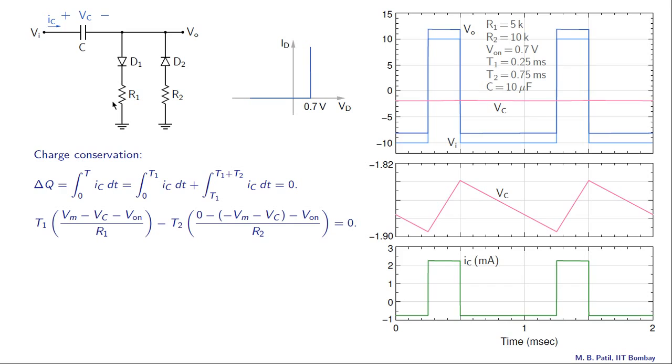That is our IC. That is because the charging path is like that, and that is a constant, nearly a constant, because Vc is nearly a constant. Now, so therefore the integral is simply that constant multiplied by T1. So that is what this term says.